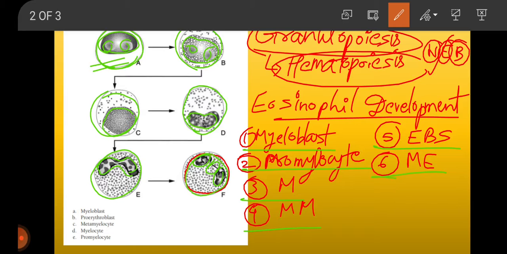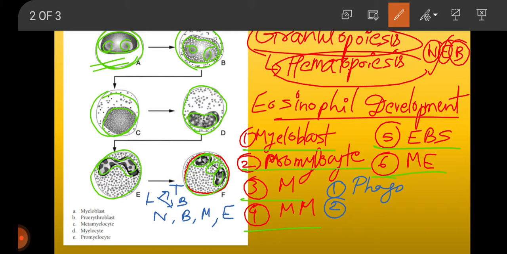Now just to enumerate the extra facts about eosinophil, just to conclude. So eosinophils are basically a type of leukocytes. There are different types of leukocytes. We know that there is a lymphocyte, which is again of two types, T lymphocytes and B lymphocytes. We have neutrophils, we have basophils, we have monocytes, and we have eosinophils, of course. Okay, so eosinophil is a type of leukocyte or WBC, and its functions include phagocytosis, though not as much as neutrophils, but still it performs phagocytosis.